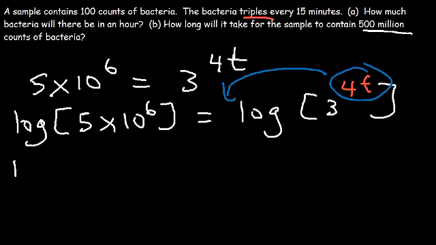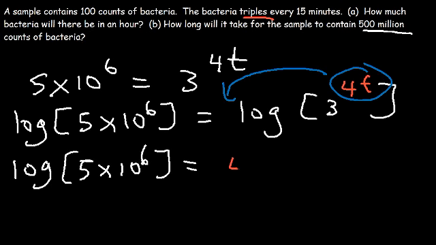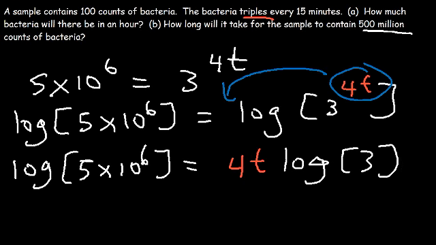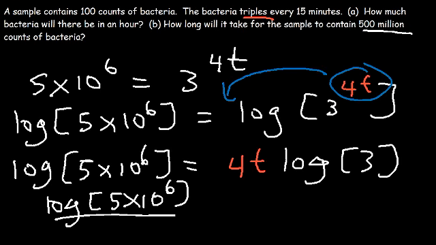So what we now have is log 5 times 10 to the 6, and that's equal to 4t times log 3. So let's divide both sides by log 3. Let's divide it by 4 log 3 to get t by itself. Log 5 times 10 to the 6, divided by 4 log 3, is equal to t.